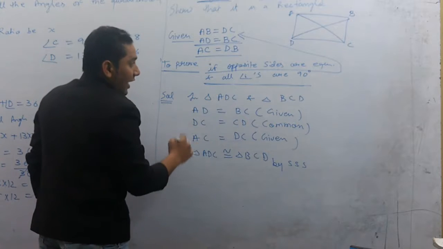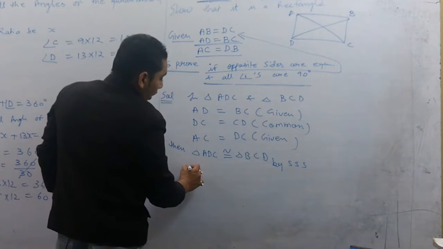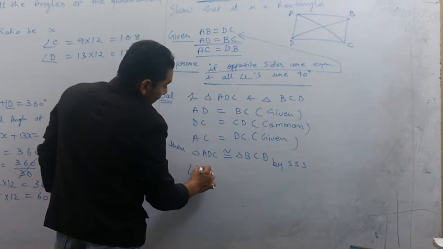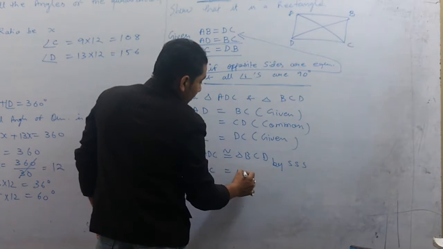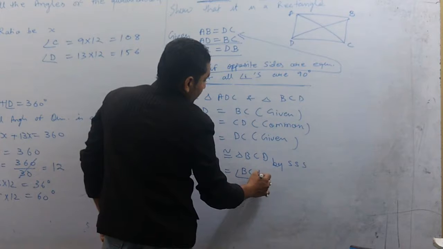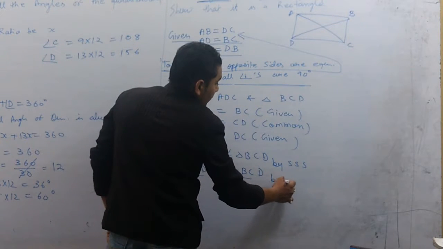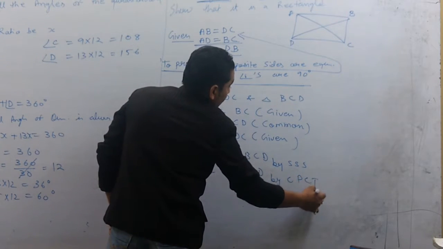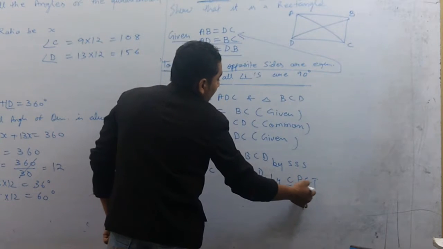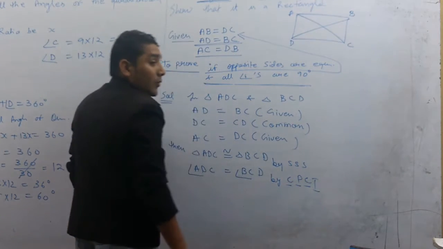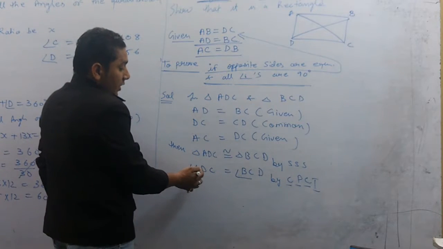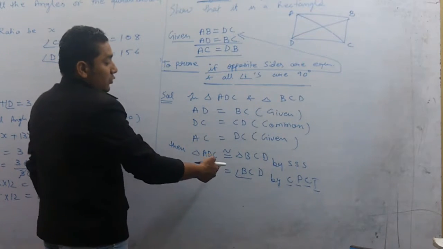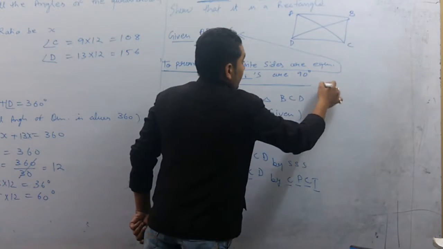So we only take angles. Then we write angle ADC is equal to angle BCD by CPCT, corresponding parts of congruent triangles, the full form of CPCT. So we have proved that angle ADC is equal to BCD.